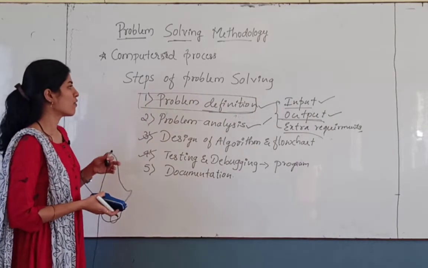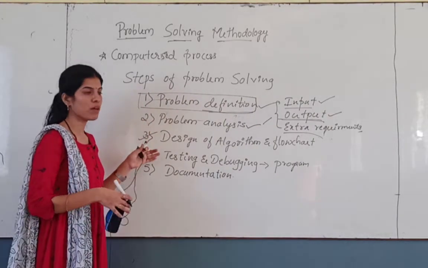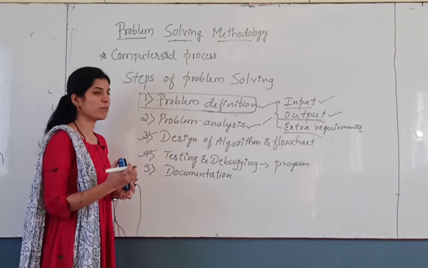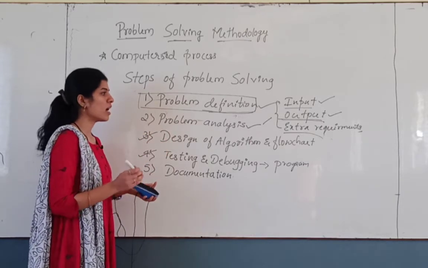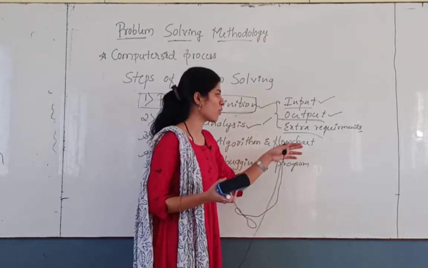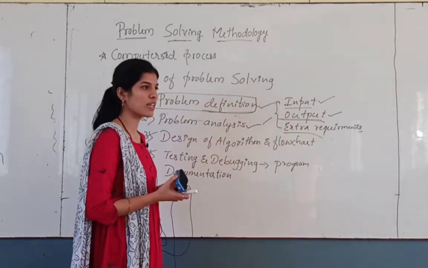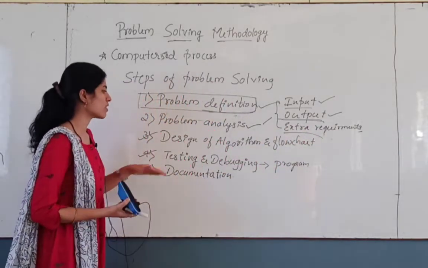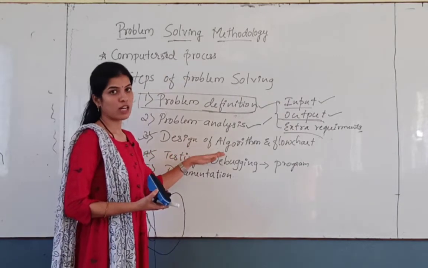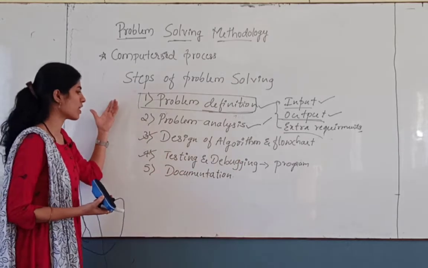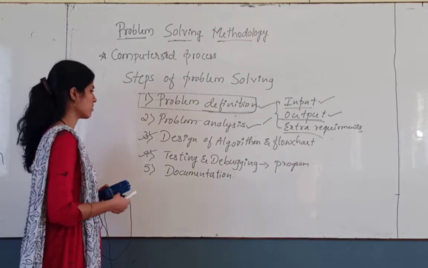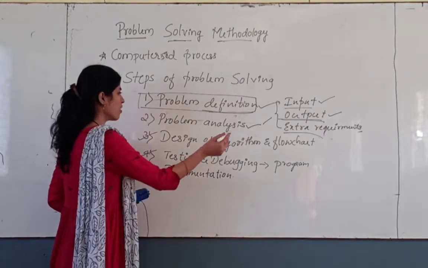First we define the problem and know about the input and guess what output will come, and you take down the requirements and constraints that are needed, and after that, in the third step, you design an algorithm and flow chart. After that we write the algorithm and flow chart.